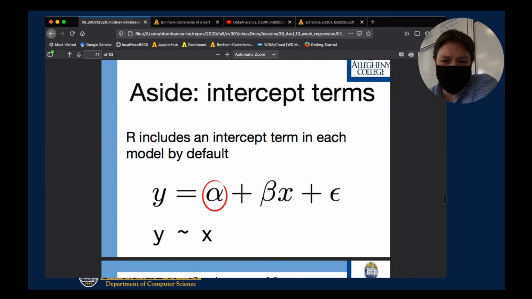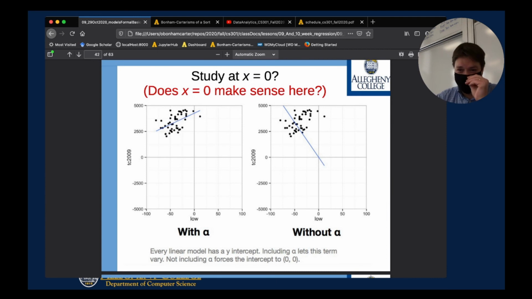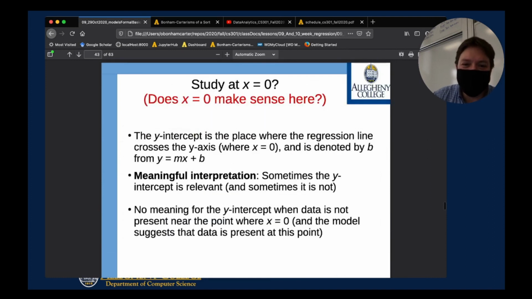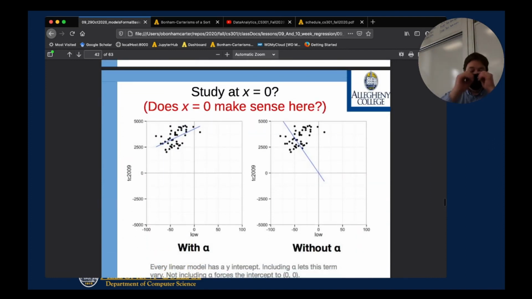The general rule of thumb is this: when you go ahead and plot everything, check whether your line makes sense.